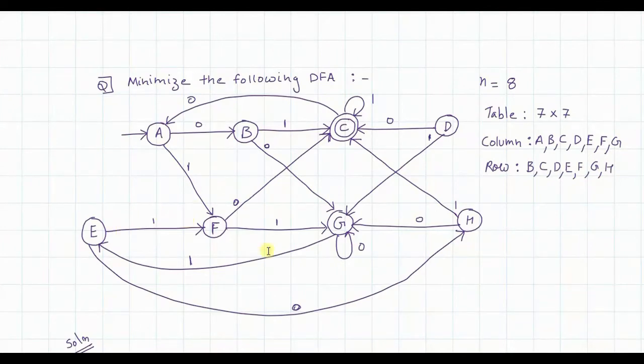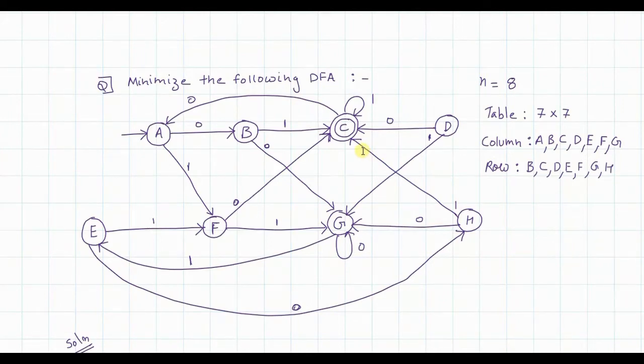Looking at this diagram, A, B, D, H, G, F and E are all non-final states, whereas only C is a final state. So all the cells, for example A comma C, where one state is non-final and the other is final, or B comma C, D comma C, E comma C, F comma C, G comma C, H comma C, any pair involving C, will be marked with X.